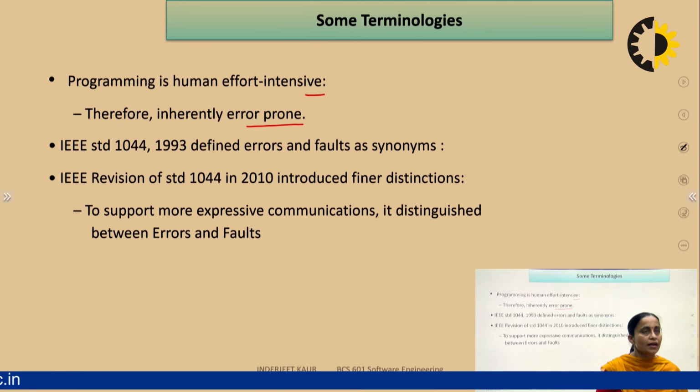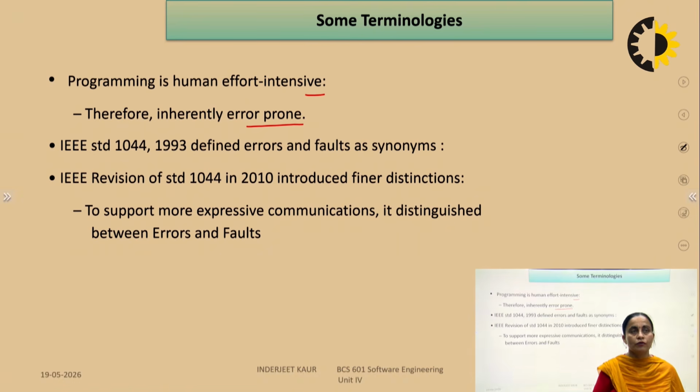As per the IEEE standard 1044 that came in 1993, we defined the terms errors and faults as synonyms. But then in the revision of standard 1044 in the year 2010, they said that there are some distinctions between errors and faults.